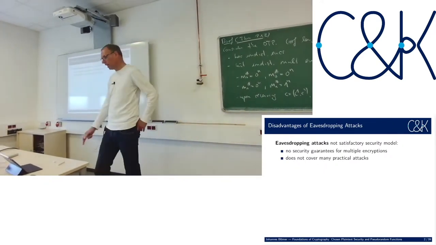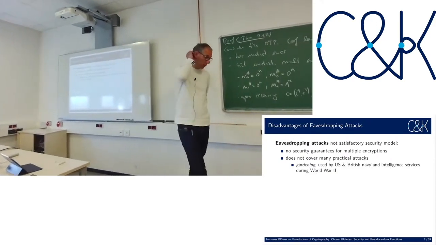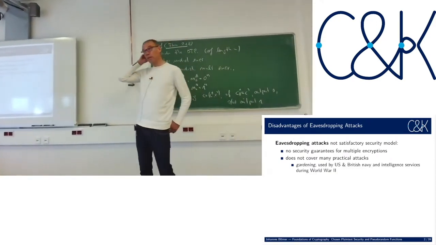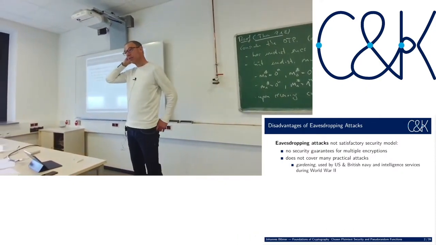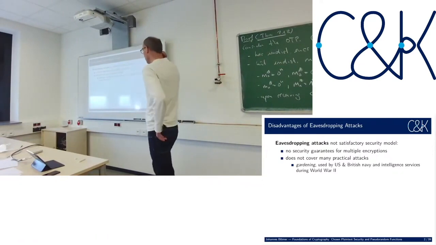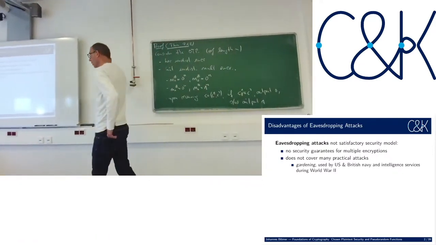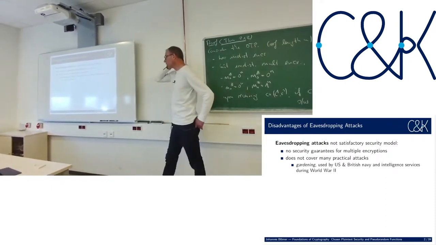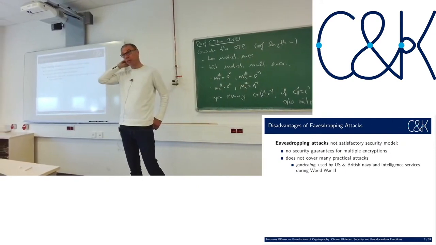And that is even true for a long time. Namely, already during the Second World War, much stronger attacks than just eavesdropping were used. Namely, the so-called gardening attacks that were used by the US and British intelligence service against the German Enigma encryption scheme.